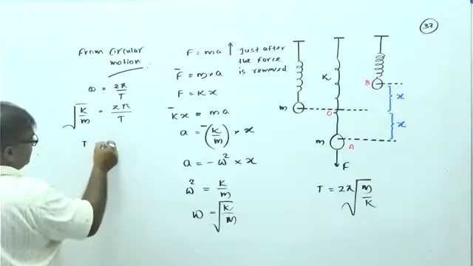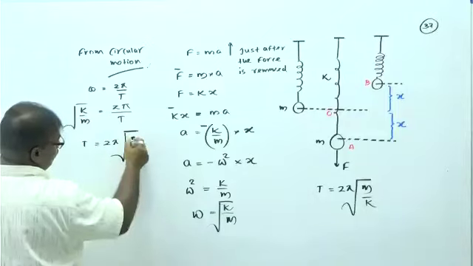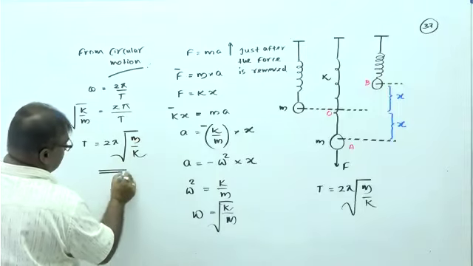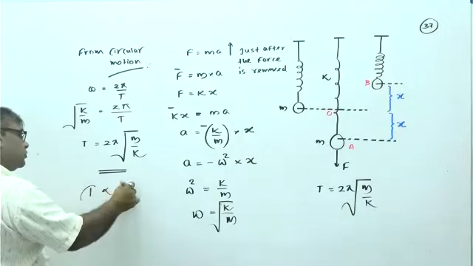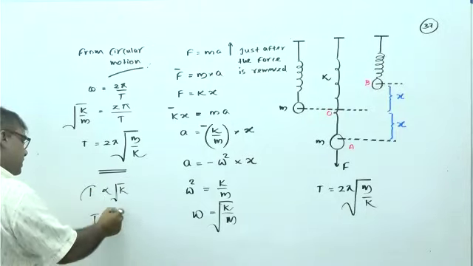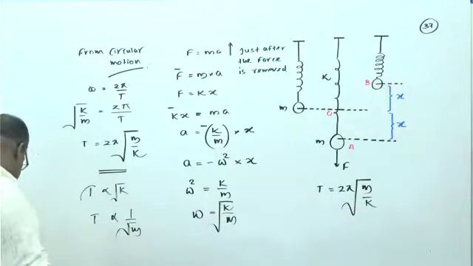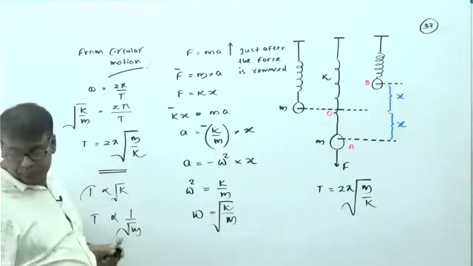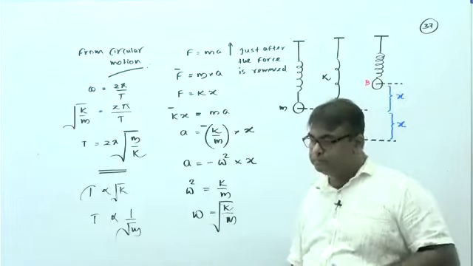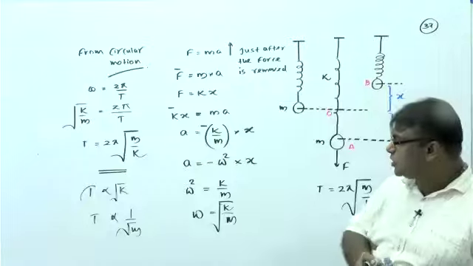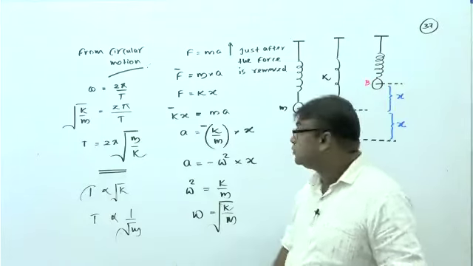Then T becomes 2 pi root of m over k. This is the equation. T is directly proportional to root m, and T is inversely proportional to root k.